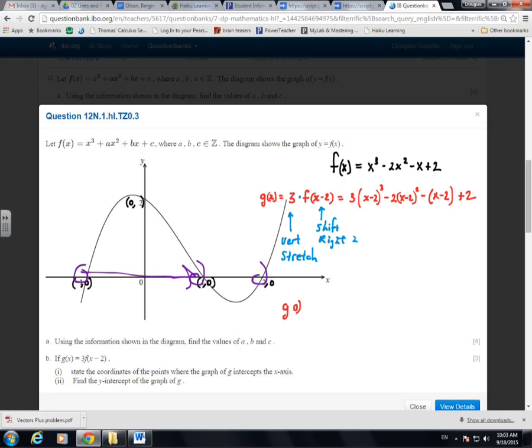So negative 1 will shift over to 1, 1 will shift over to 3, and 2 will shift over to 4. So the coordinates of the points where the graph intercepts the x-axis are 1, 0, 3, 0, and 4, 0. That is from the shift to the right 2.